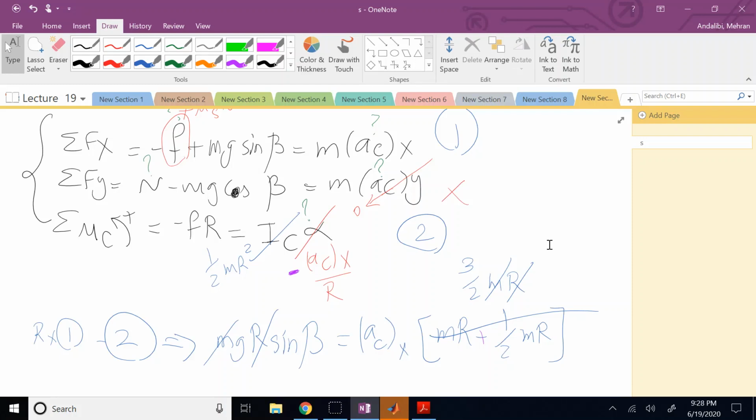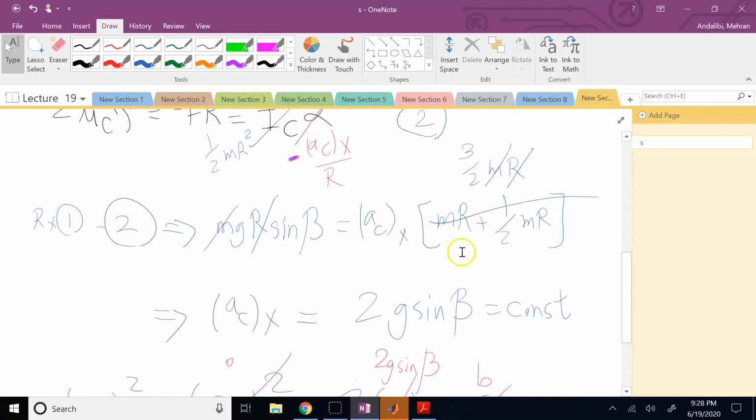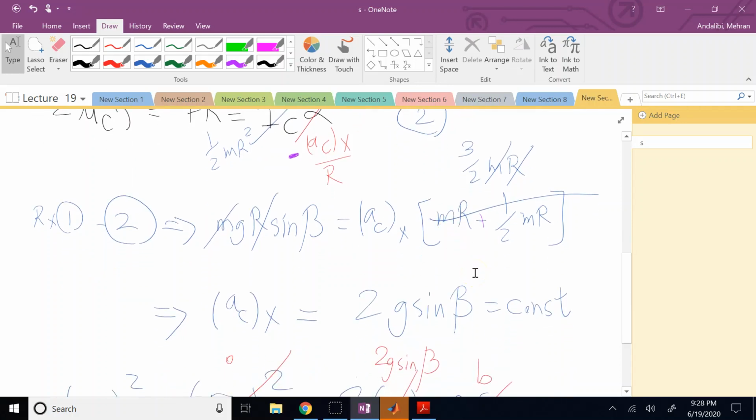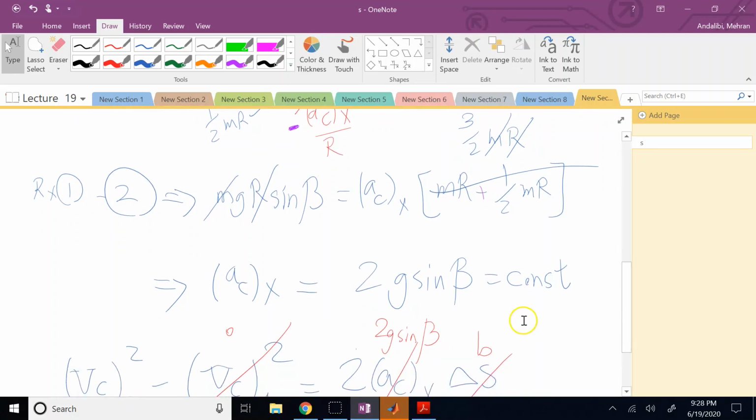and I multiplied both sides of that and didn't cancel this. Yeah, that is all right. Therefore, if I calculate, so I cancel m, I cancel r, 2g sine beta over 3.